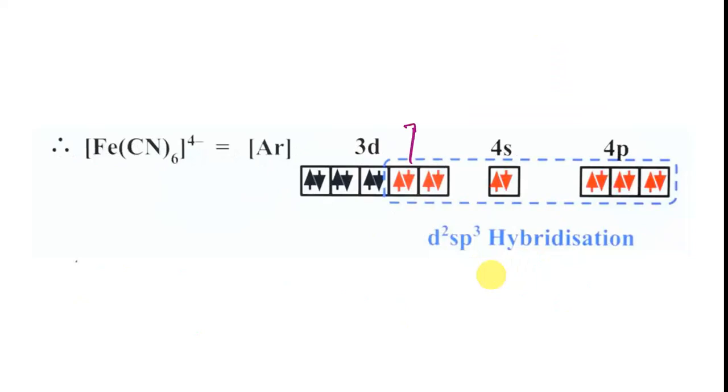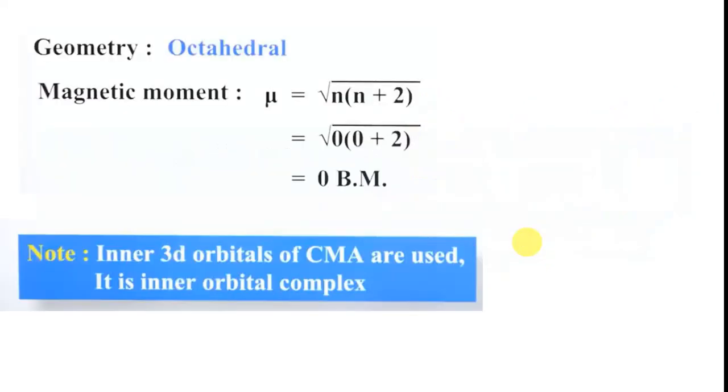These are the electrons of CN minus. So 6 CN minus, 1, 2, 3, 4, 5, 6 CN minus. So the hybridization is d2sp3, right?